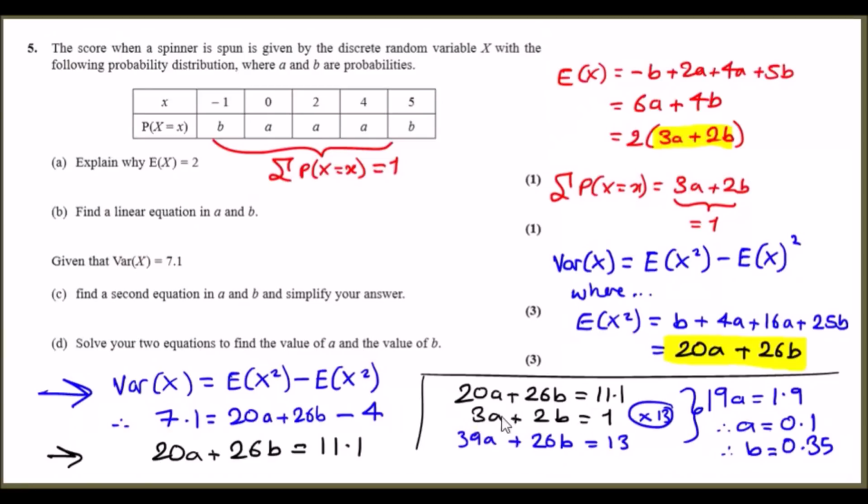That means if you multiply the rest by 13, you get 39A from 3 and 13 from 1. And then you can just subtract the first and last equation to get 19A equals 1.1. Divide by 19 to get 0.1, and then plug in 0.1 to any of these equations for A to solve for B, which will give you 0.35. And that's it. So let's move on to the next set, guys.